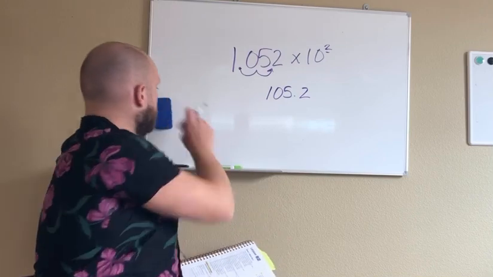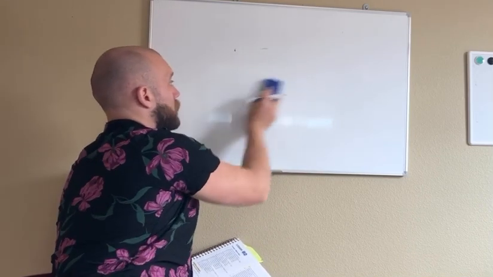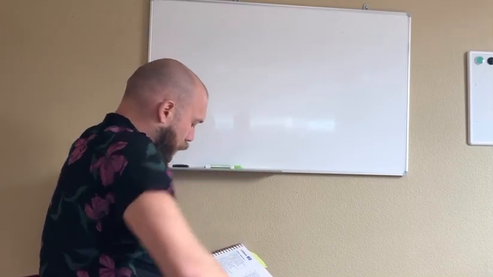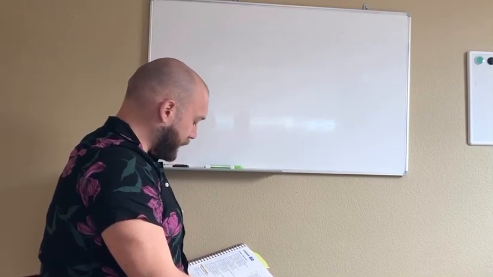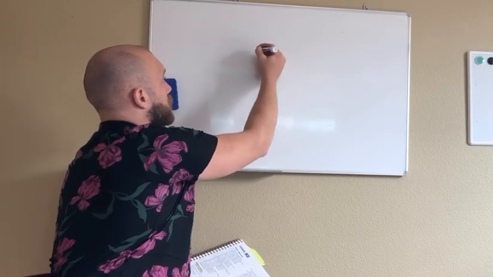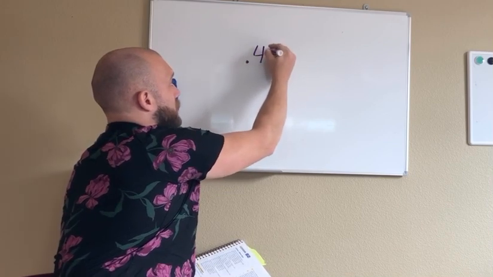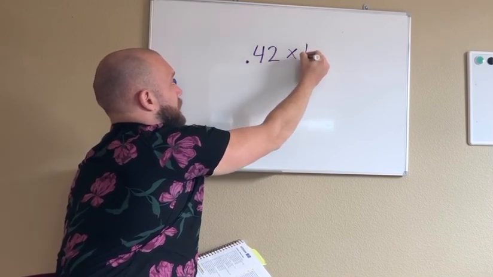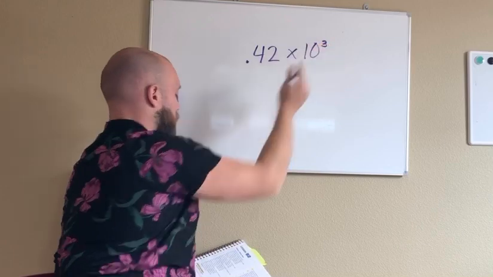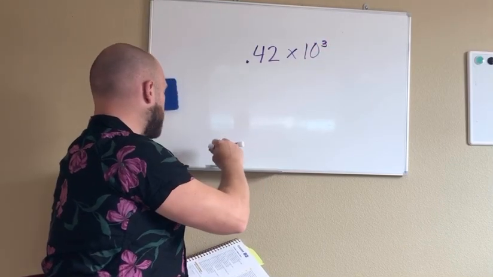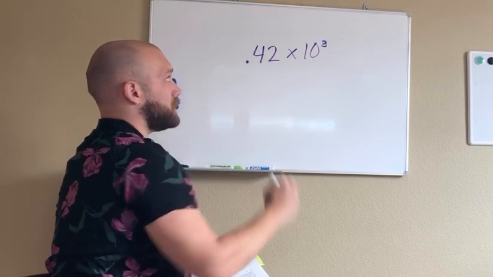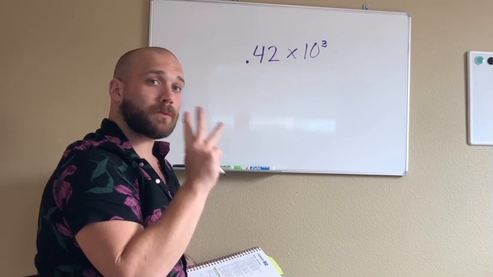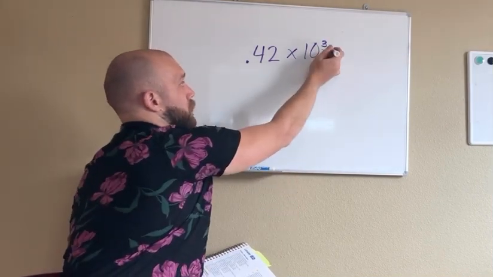Problem B. Problem B is 42 hundredths times 10 to the third. So we have 42 hundredths times 10 to the third. How many places do I need to move the decimal? 3, because there's a 3.